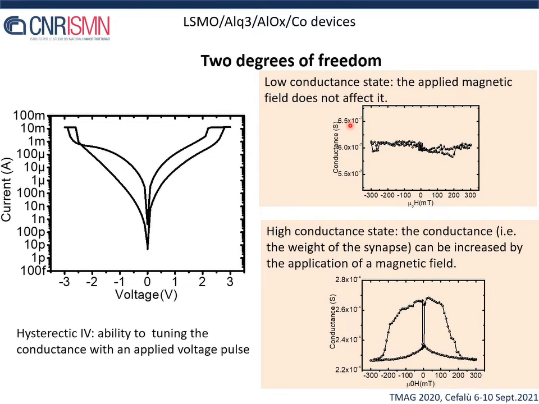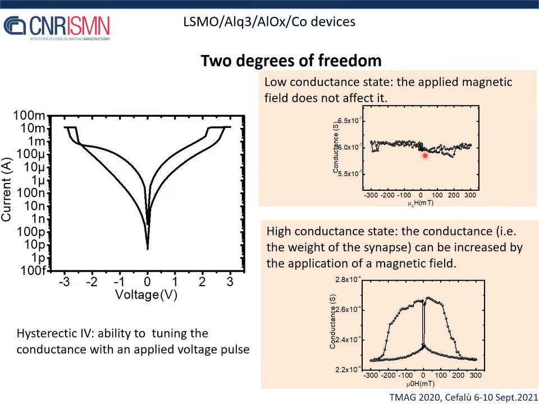On the contrary, when the device is in the high conductance state, it can be controlled also by the magnetic field. This means that high conductance devices, that is high synaptic weight devices, can be selectively targeted by the magnetic field and can be made more conductive still while leaving the low weight synapses untouched.